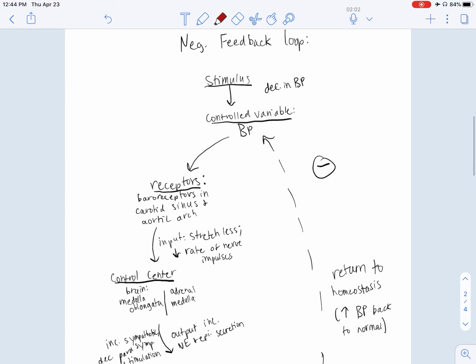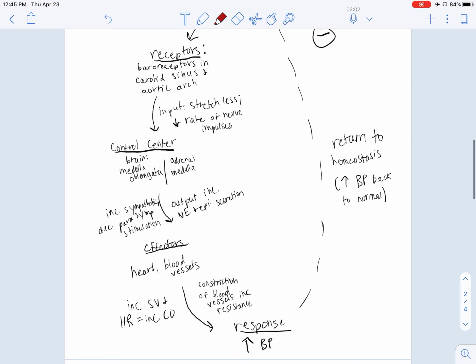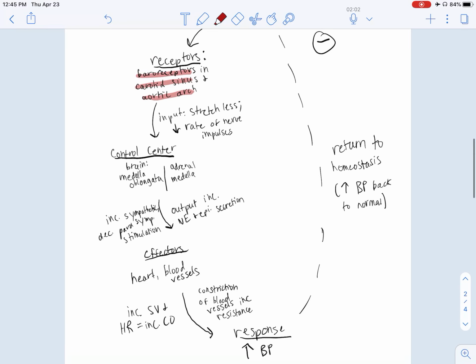Okay, so now we'll talk about an example of a negative feedback loop and then a positive feedback loop. In this negative feedback loop, our stimulus is a decrease in blood pressure. So blood pressure is our controlled variable. The receptors that are activated are baroreceptors in the carotid sinus and the aortic arch. Our input is that these will be stretching less, so our rate of nerve impulses is going to be decreased.